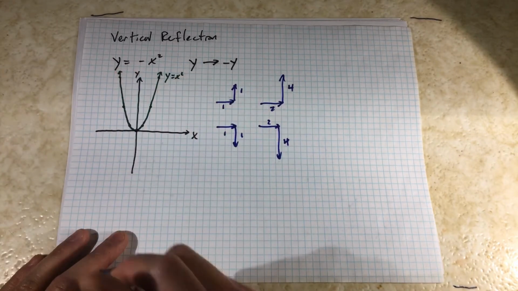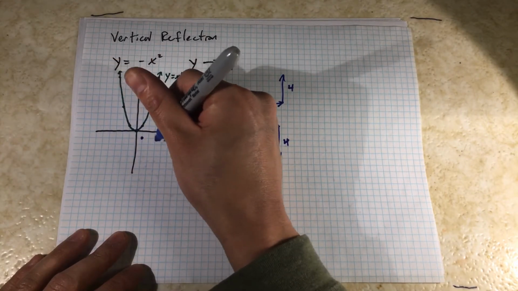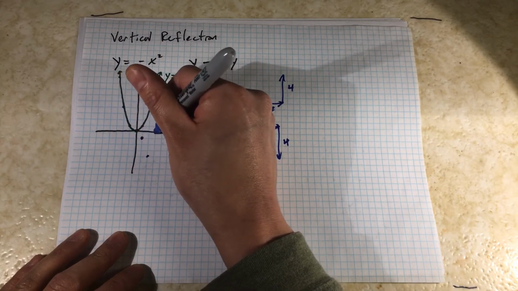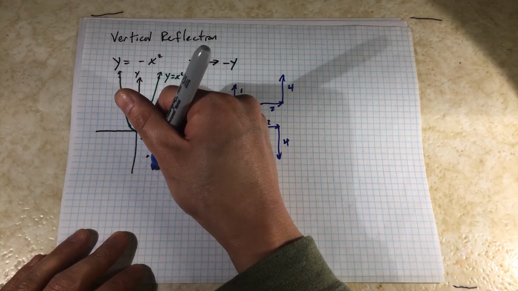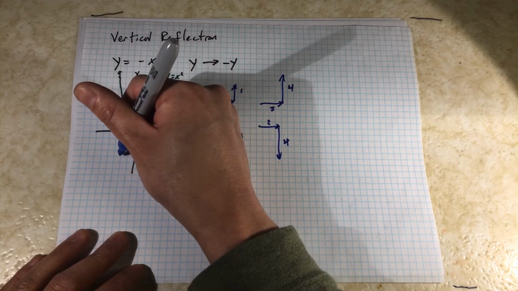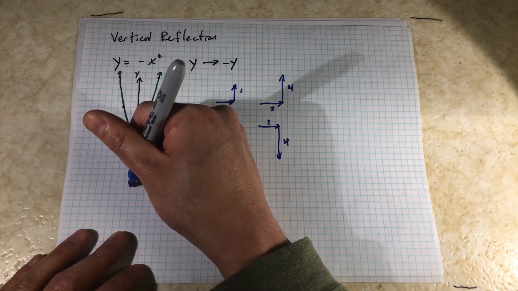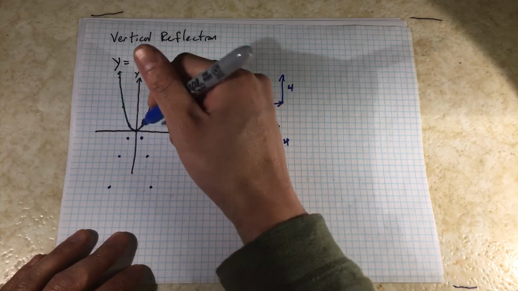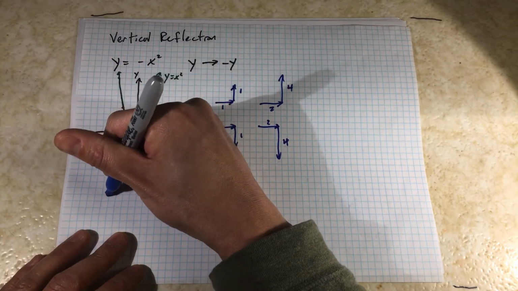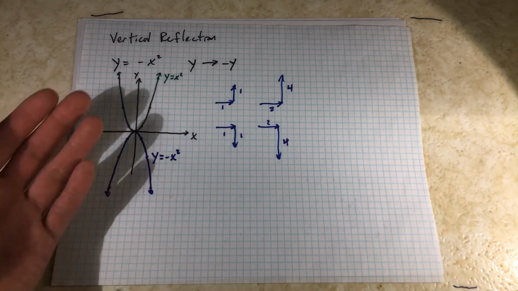So again, you start at the vertex and you go 1, down 1, 2, down 4, 3, down 9. And then it should still be symmetric about this point. So you should have a graph that looks like this.